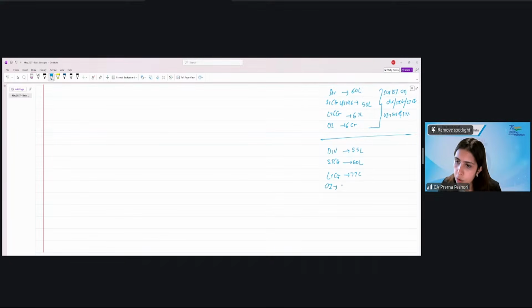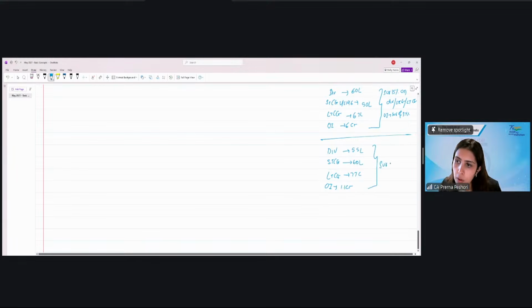And I have other income of 1.1 crore. So here my total income is 3 crores. But total income excluding the dividend, STCG, LTCG is 1 crore. So on dividend, STCG, LTCG, I can charge maximum surcharge of 15% only.